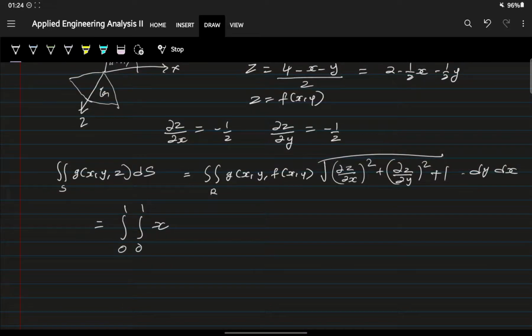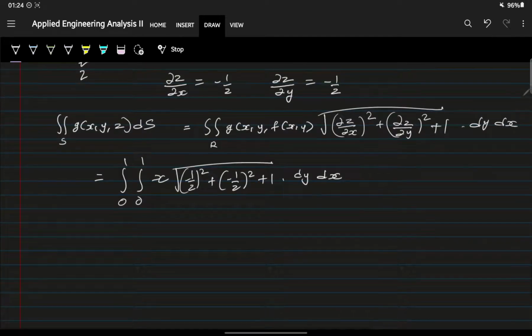And for the square root of (1 by 2 whole square plus 1 by 2 whole square plus 1) dy dx, this becomes root 3 by 2.